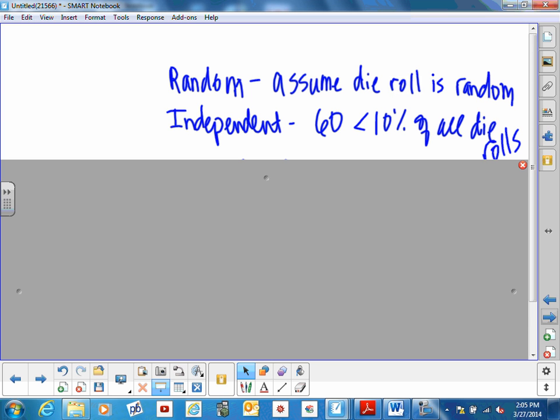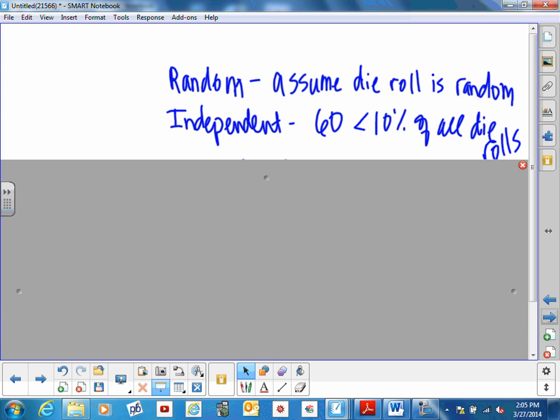And then large enough. So our large enough is different than we've had in the past with Z curves and T curves. So what's that going to look like? Do you remember large enough? No, not all probabilities are greater than.